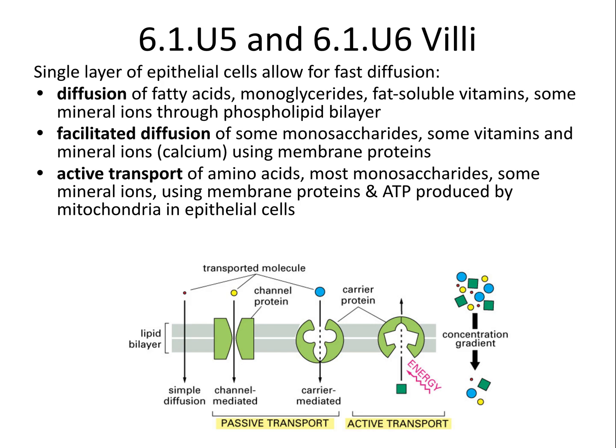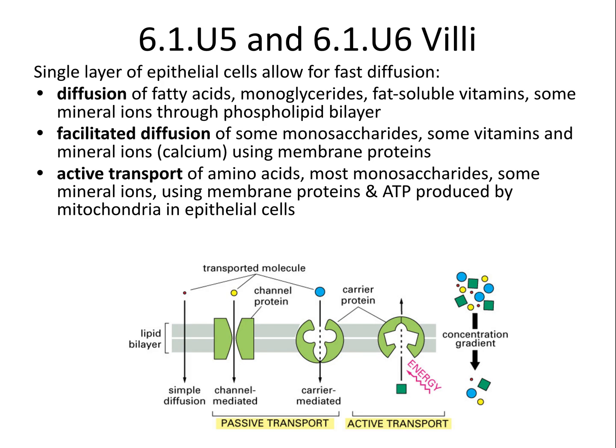Diffusion of fatty acids, monoglycerides, fat-soluble vitamins, and some mineral ions is going to happen through the phospholipid bilayer. So remember when we talked about the bilayer of a cell, the phospholipid bilayer, they have to be diffused through that. Facilitated diffusion of some monosaccharides and some vitamins and mineral ions like calcium uses membrane proteins.